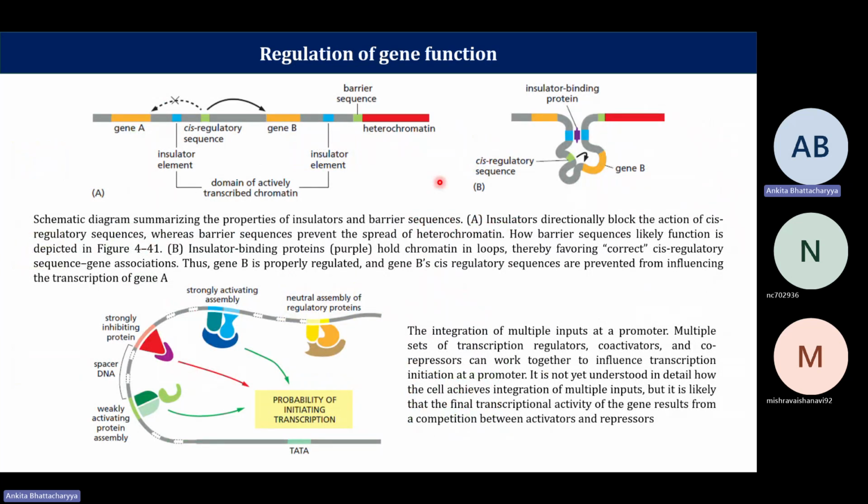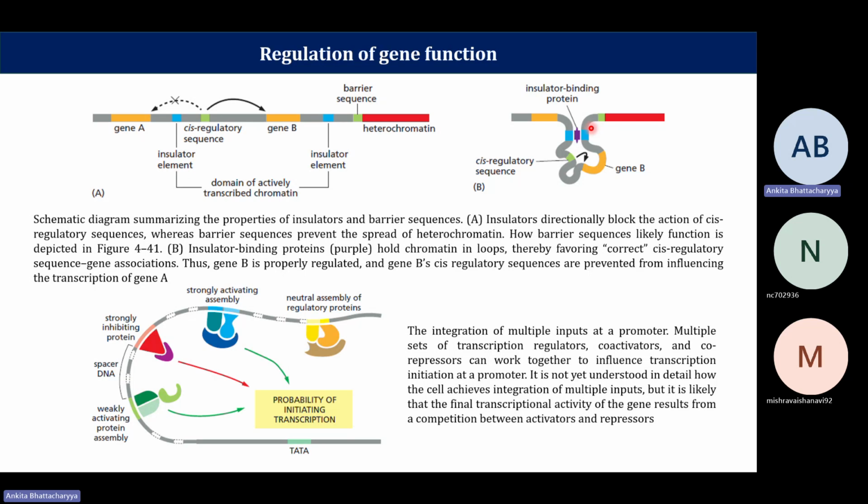Then you have this schematic that summarizes properties of insulators and barrier sequences. As you can see, there's a domain of actively transcribed chromatin that includes gene B within that sequence itself. And you have insulator elements shown here in blue on either side of gene B. Depending on whether or not these sites are bound by an insulator binding protein, which is shown here in figure B, transcription may or may not be allowed to proceed.